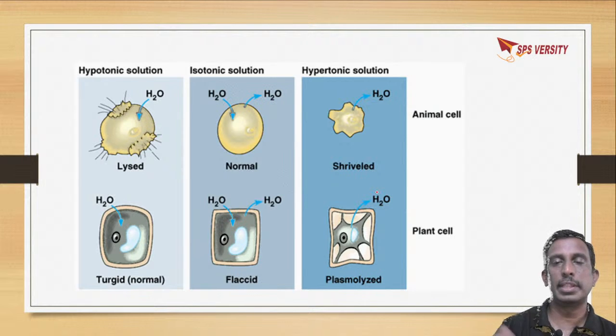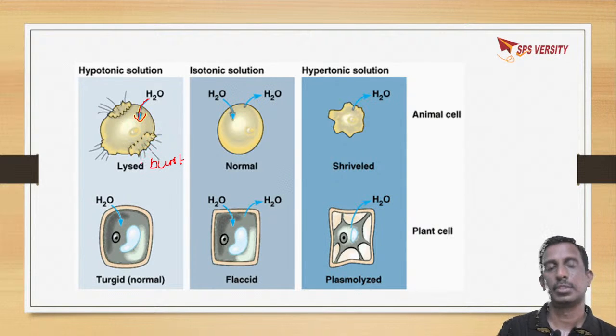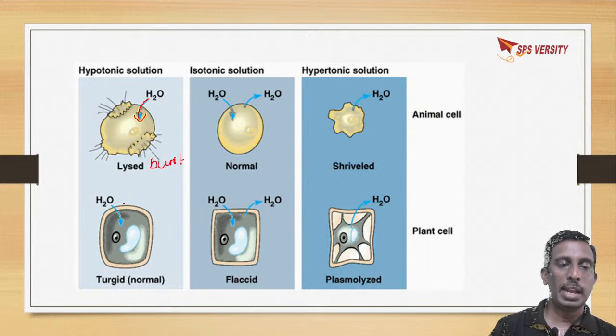In the picture we can see an animal cell and a plant cell kept in three solutions. When an animal cell is kept in hypotonic solution, water will enter into the cell. After some time the animal cell will burst due to lack of a cell wall. A plant cell will not burst due to the presence of a cell wall; it will become turgid.